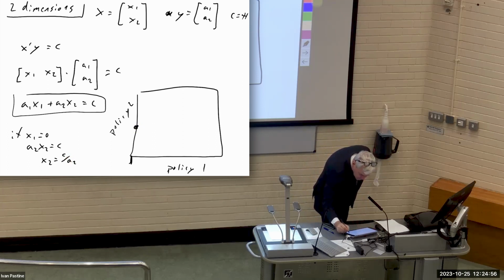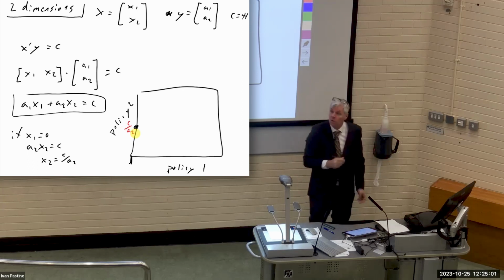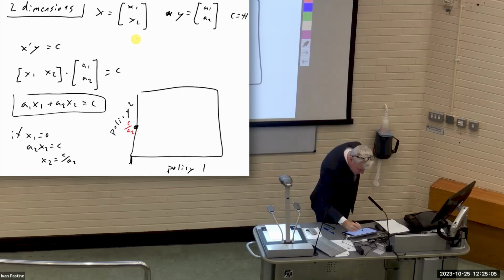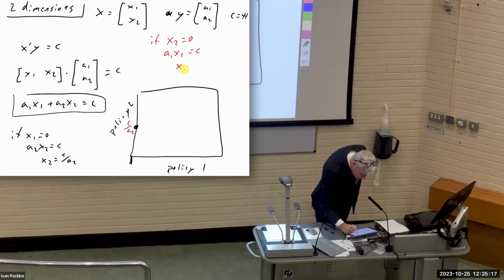So it's something like that. Let me do it in red. c over a2. Right? And if we continue in that vein and say, if x2 is equal to 0, then a1 x1 is equal to c, and x1 is equal to c over a1. And so if policy 2 is 0, this is, say, c over a1.